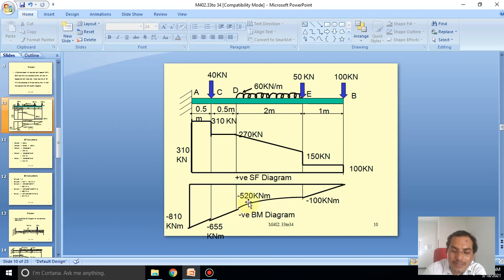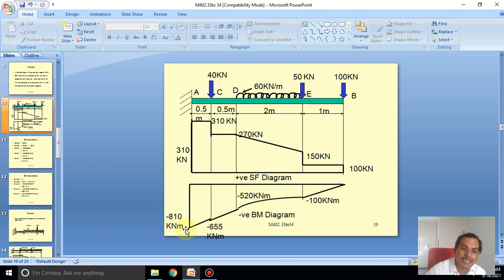E to D is minus 520 kilonewton meter, below the XY line of the diagram, and D to C is minus 655. 655 is the right answer at the C point, and there we draw the inclined line. There is no curved line, inclined line only, and from C to A minus 810 kilonewton meter.